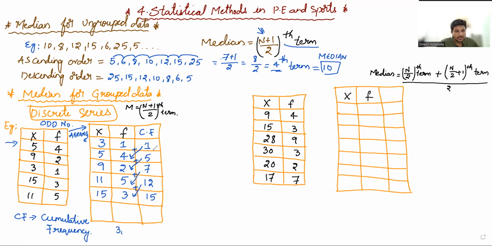And 2 to 4, after 1, what is the number? 2, right? 2, 3, 4, 5. So up to 5, you have to write which score? You have to write the fifth score, right?